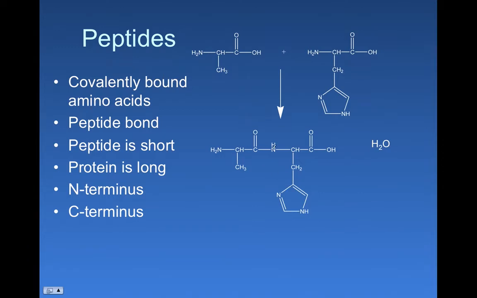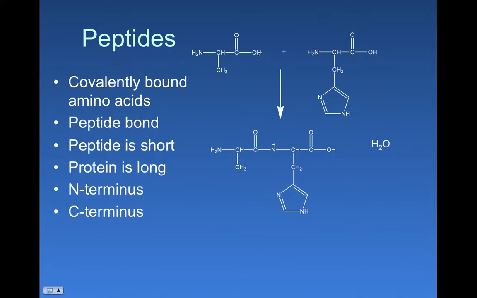Okay, now once we've coupled these together, we've sort of gotten rid of this carboxylic acid and got rid of this amine group. We've directly coupled them together and sort of destroyed those functional groups. And that allows us to describe a directionality to this dipeptide.